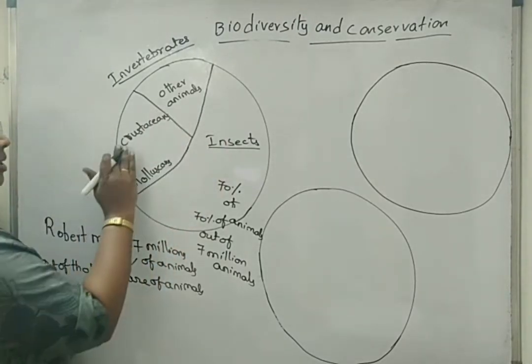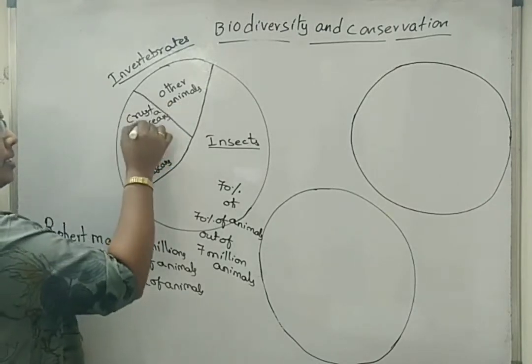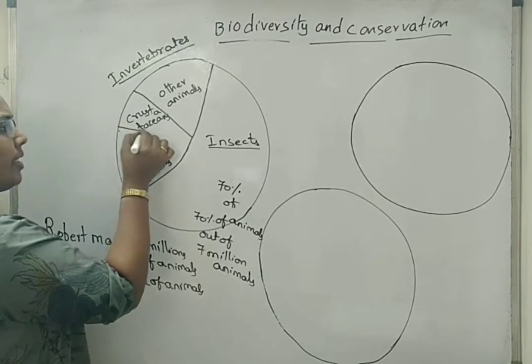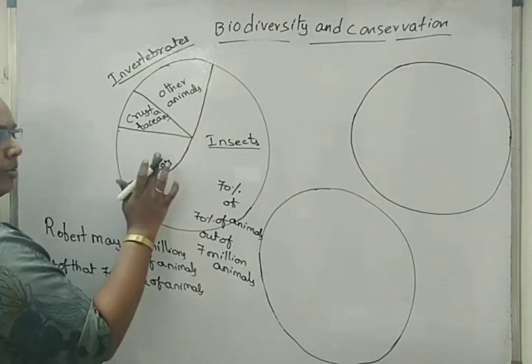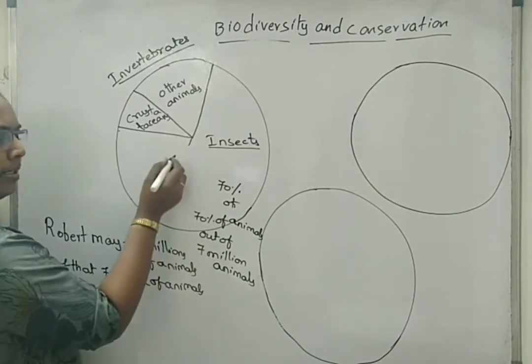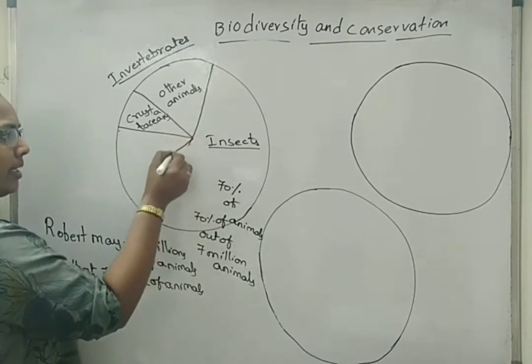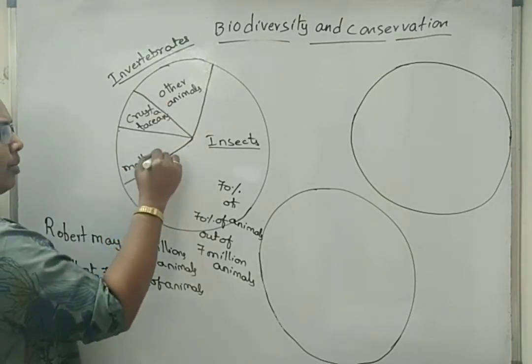Next, coming to crustaceans. These crustaceans are very few when compared to other animals in the pie chart. Next priority goes to molluscans. Molluscans are more in number, but we can consider them equal to other types of animals.